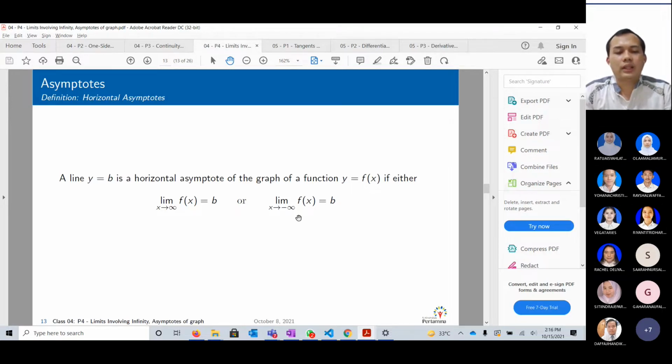So jadi salah satu saja terpenuhi. So if either condition is satisfied, then we have a horizontal asymptote. That's basically the idea. Any question?